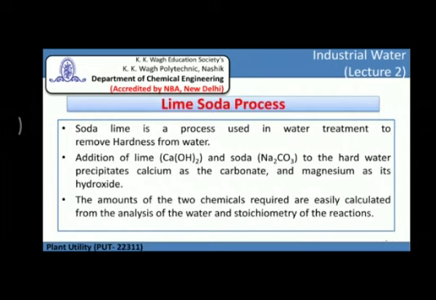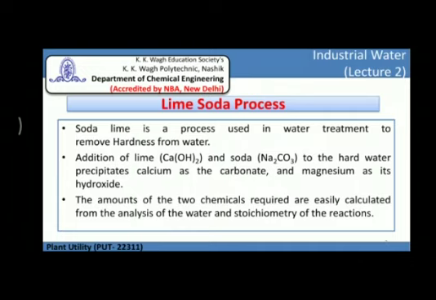Lime soda process is a process used in hard water treatment to remove the hardness from the water. In the lime soda process, we add lime, that is Ca(OH)2, calcium hydroxide, and soda, that is sodium carbonate, Na2CO3, to the hard water.